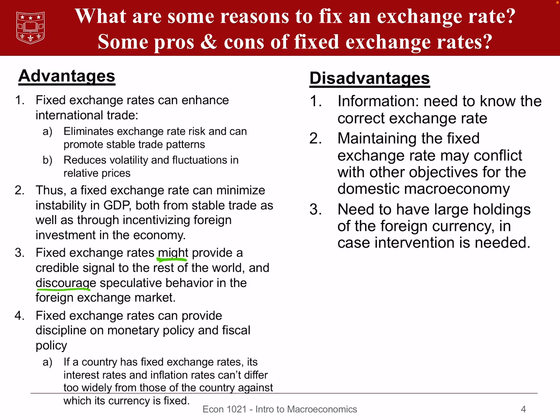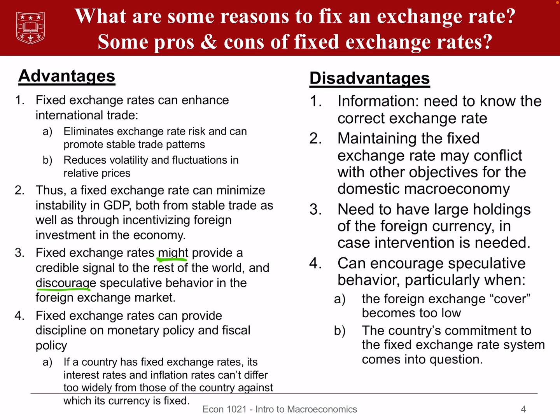To the extent that a country needs to intervene in the foreign exchange market to maintain the fixed exchange rate, it also necessitates having large holdings of at least one foreign currency or a commodity like gold in case intervention is needed. And there are opportunity costs to that, and sometimes getting those currency holdings can be a difficult endeavor.